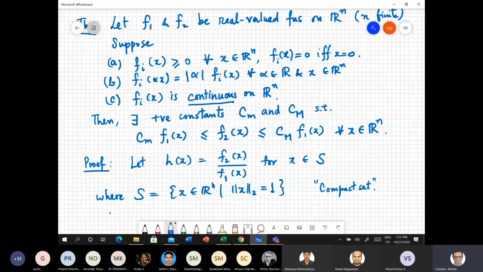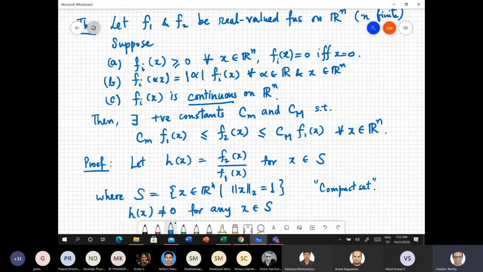Then what we have is that h of x is certainly not 0 for any x belonging to S, because the zero vector is not here, and phi of x is strictly positive for any x not equal to 0.